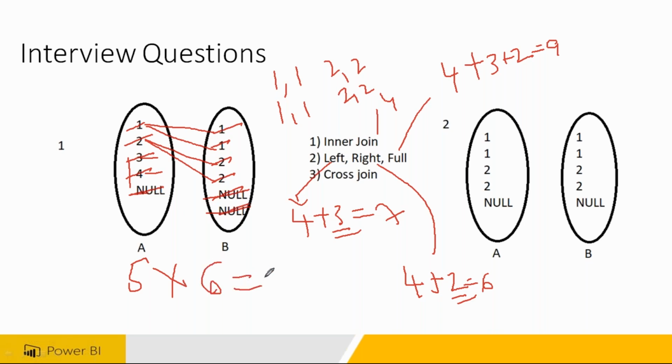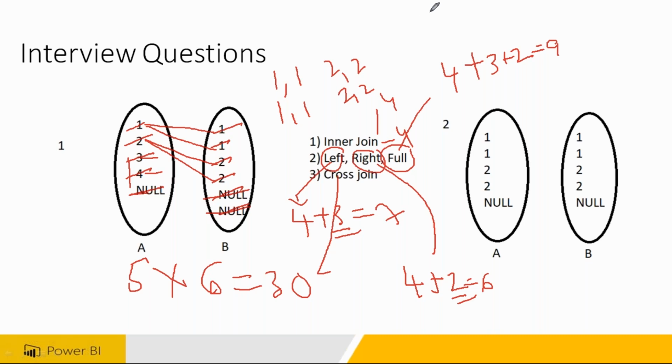So 5 into 6, 30. So 30 will be your cross join. Clear? So the answer is: inner join 4, left outer join 7, right outer join 6, full outer join 9, and cross join 30. Clear? So compare your answers with this data.